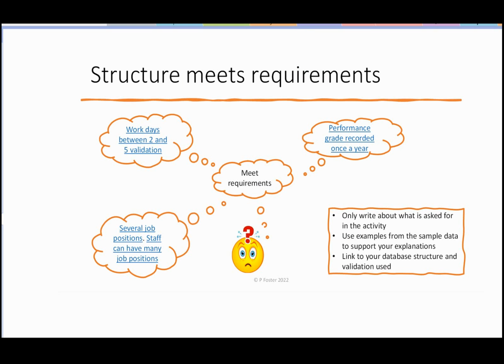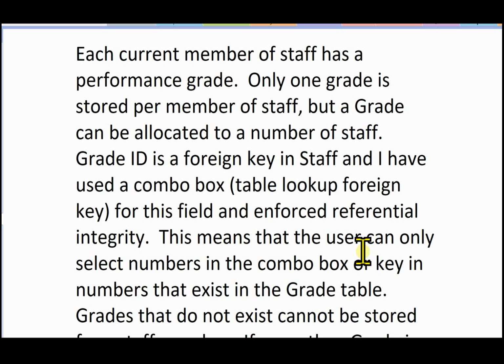The next paragraph in the evaluation covers the requirement that a performance grade is recorded once a year. Here's a sample paragraph addressing this requirement. So each current member of staff has a performance grade. Only one grade is stored per member of staff, but a grade can be allocated to a number of staff.